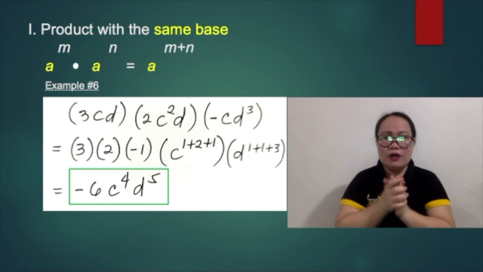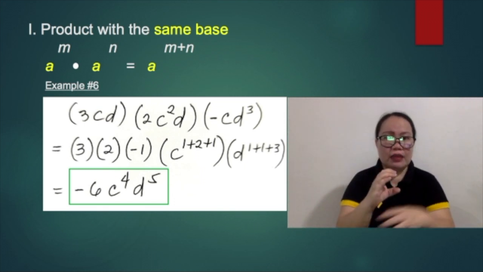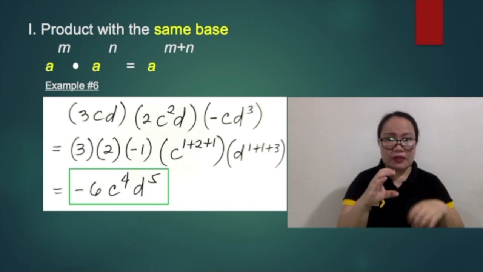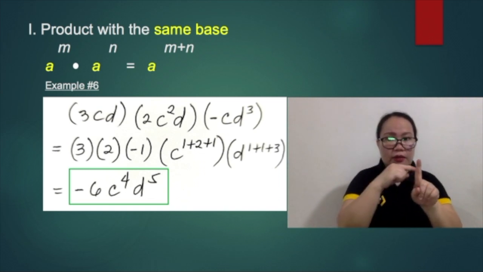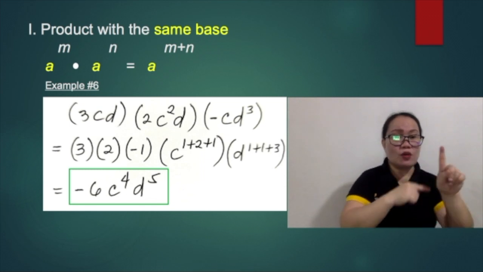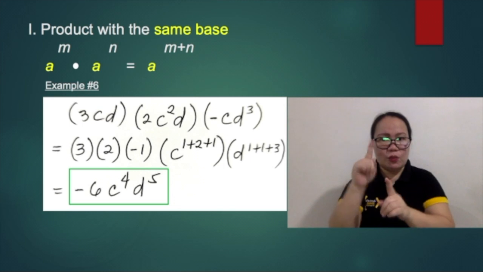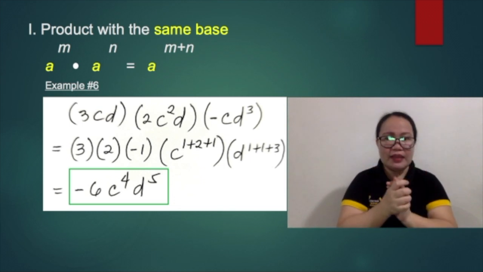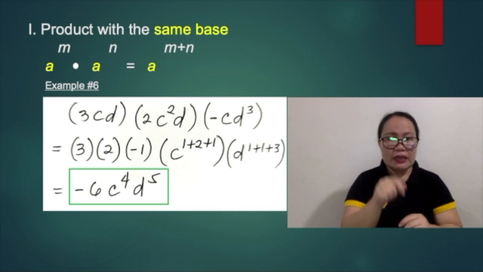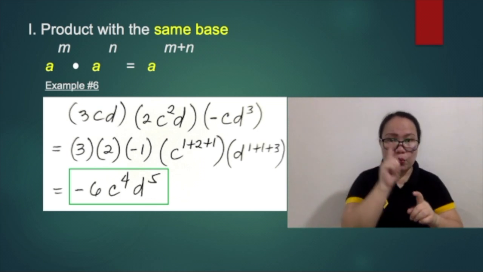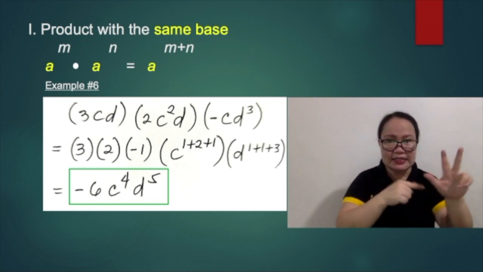And then for the c, add all the exponents of c's. 1 plus 2 plus 1. And then for d, add up all its exponent, 1 plus 1 plus 3.